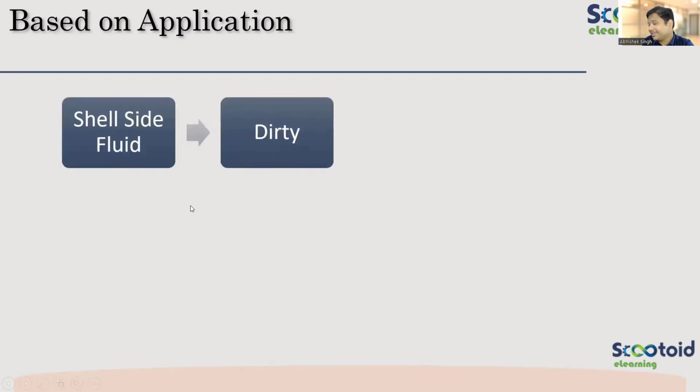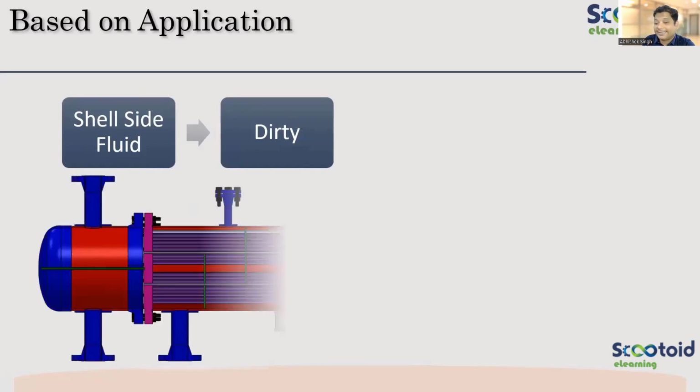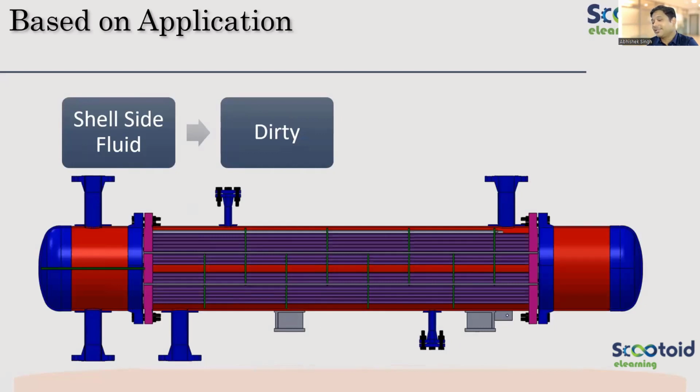Now let us see: my shell side fluid is dirty. In that case, if I have a heat exchanger like this, first of all, what is the TEMA nomenclature for this? Bang on, Babo. BEM. Now, will that BEM type of heat exchanger be suitable for a dirty shell side fluid?